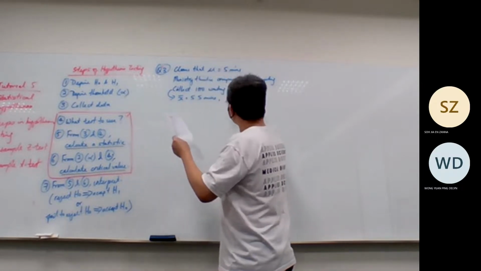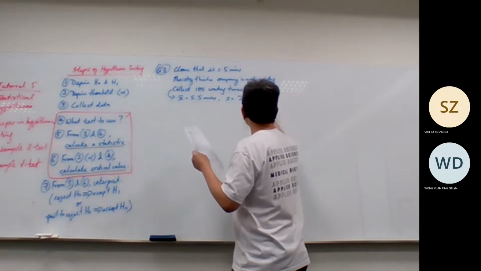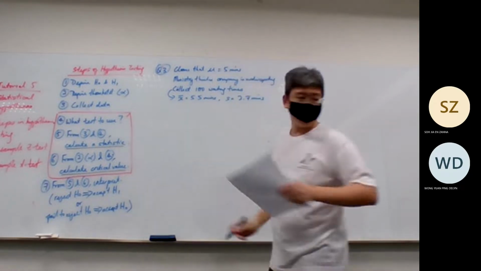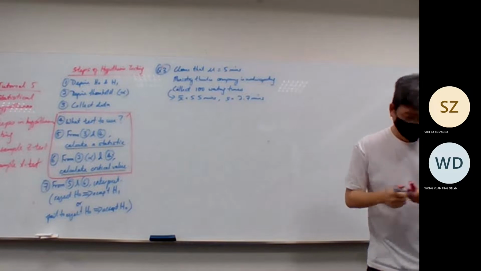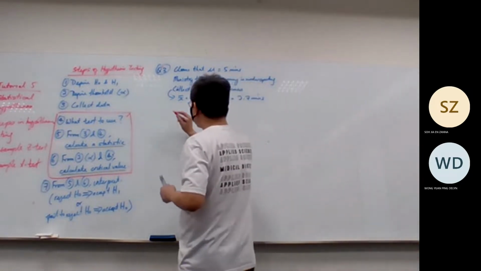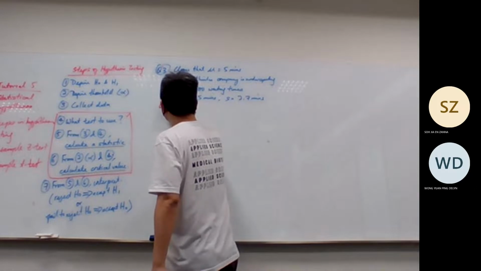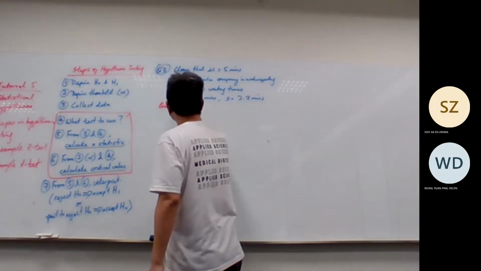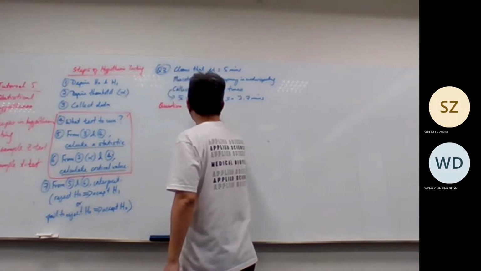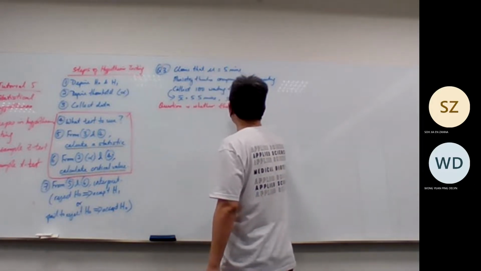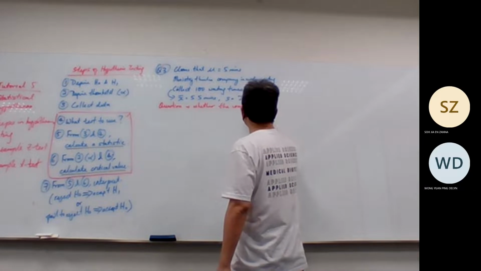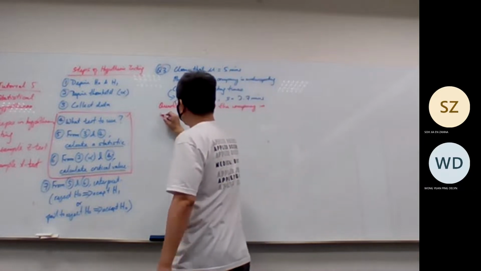Standard deviation is 2.7 minutes. So the question is whether the company is underreporting.